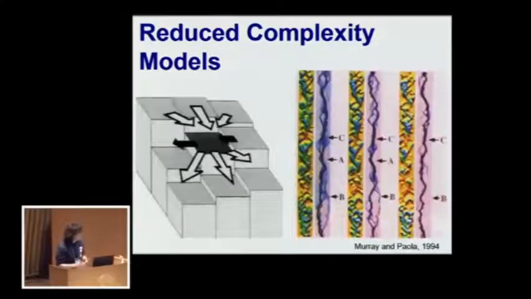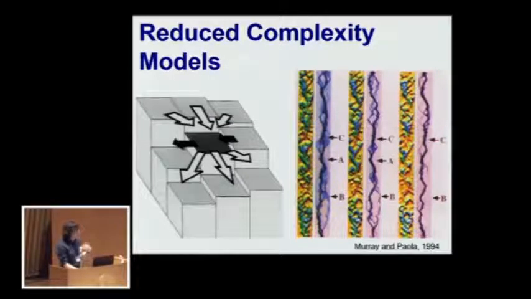Probably the most well-known is Murray and Paola's model of river braiding. With just a few rules, the model shows that the feedback between the topography and a nonlinear sediment transport equation could form these patterns and reproduce many things that are observed in braided rivers.